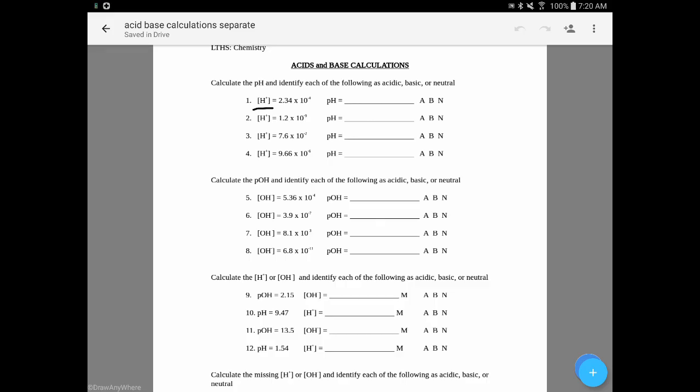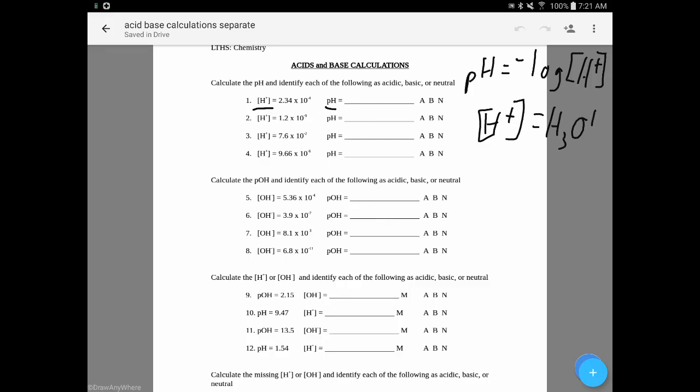We are trying to find pH, so the formula is pH equals the negative log of H plus concentration, also known as H3O+. H plus is the same as H3O+.